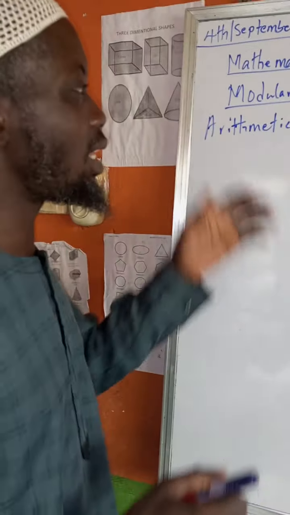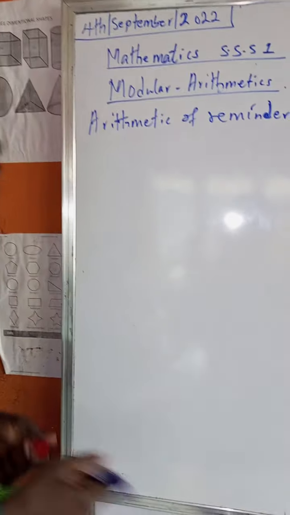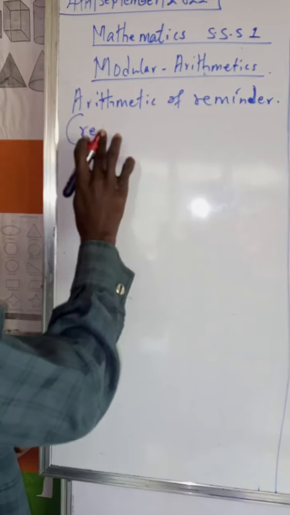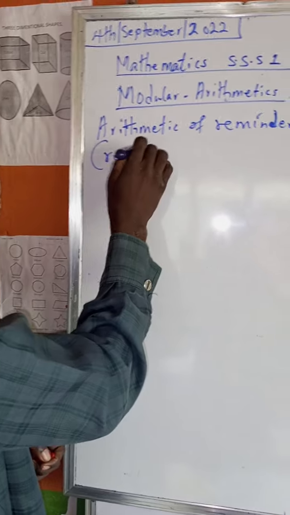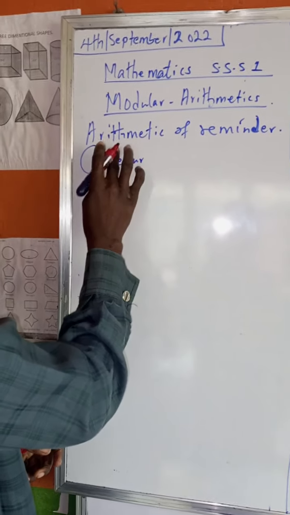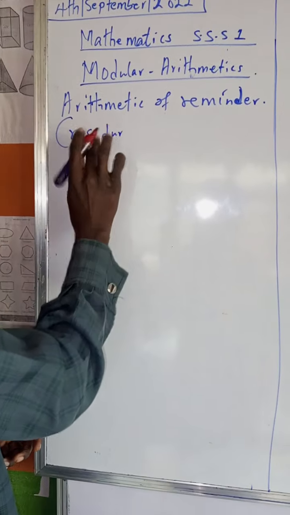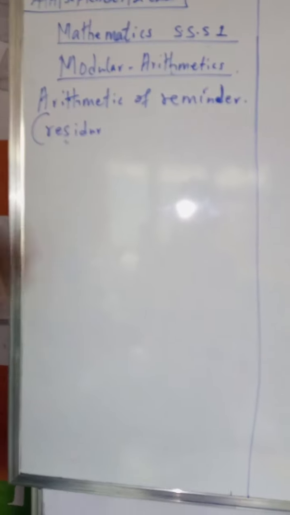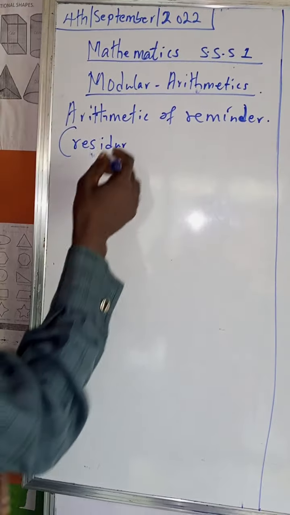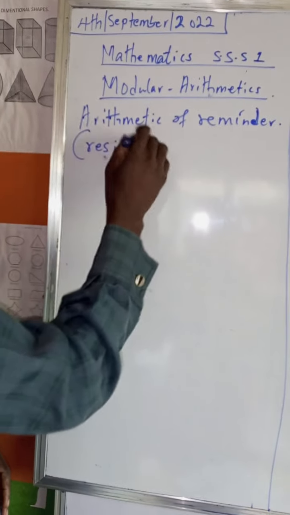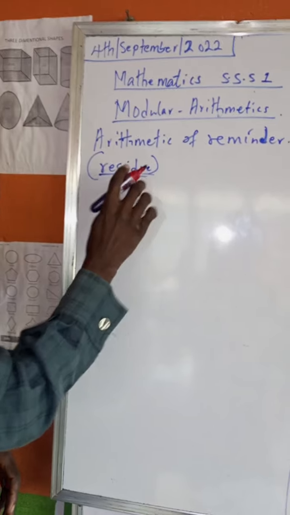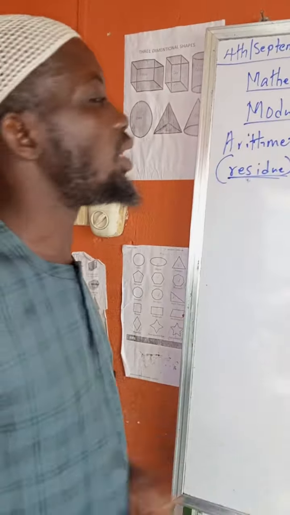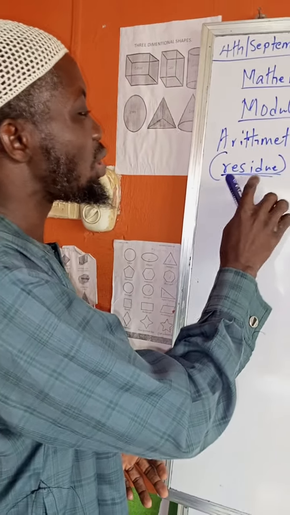We are mainly concerned about the remainder. The remainder is also known as the residue. I think this spelling is correct. Residue means the leftover. So that's what we call it.